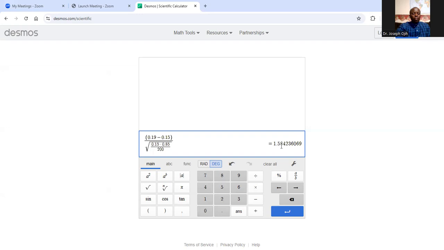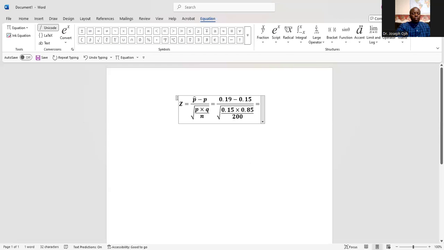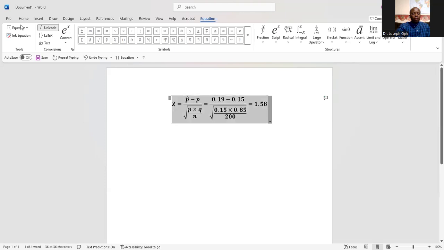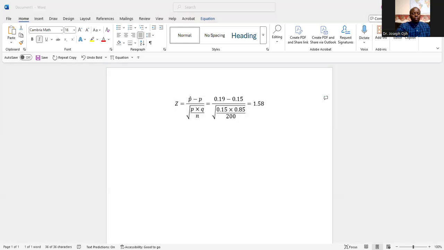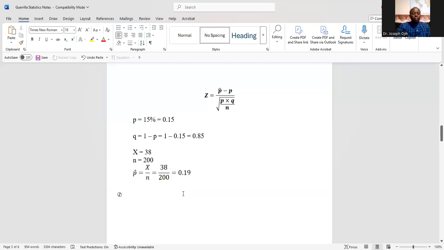The answer is 1.58 rounded. So I'm going to put it right there. 1.58. That's the result. So we have run the test, and the result is 1.58. So I'm going to copy this and paste it in our other workbook, the main workbook. Results here.